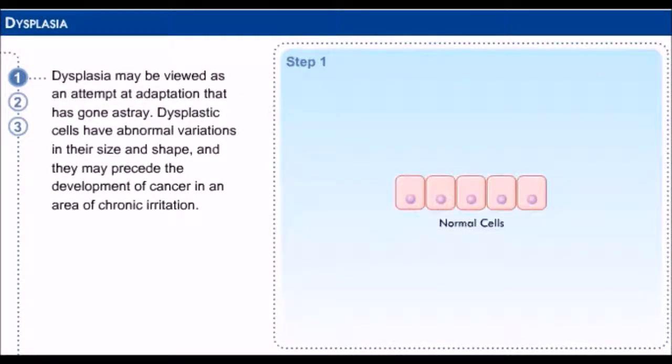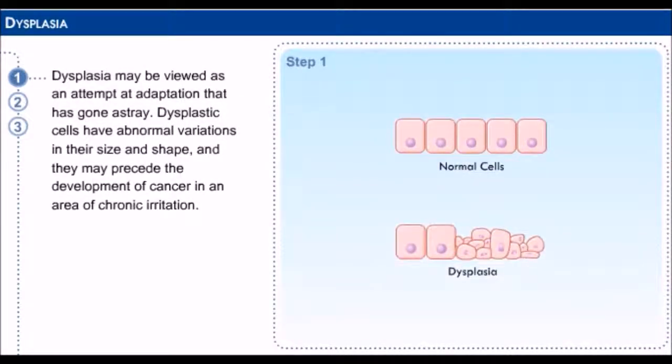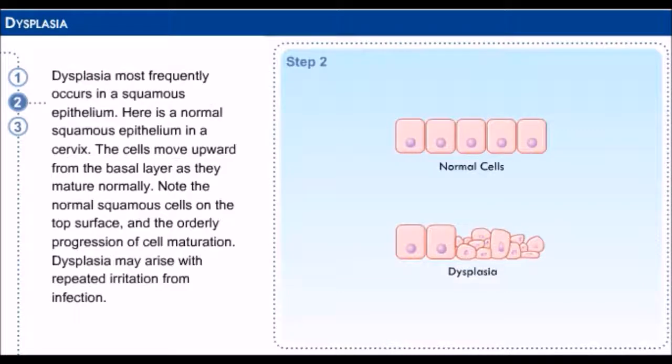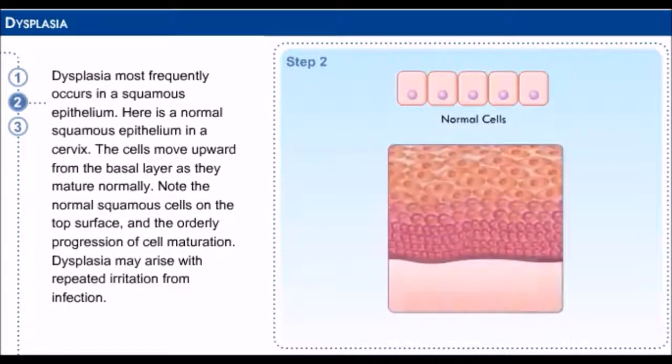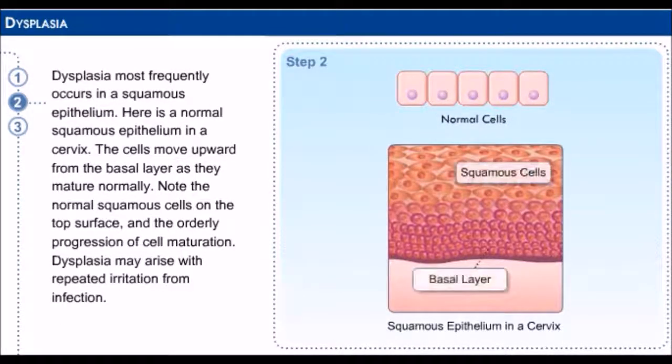Dysplasia may be viewed as an attempt at adaptation that has gone astray. Dysplastic cells have abnormal variations in their size and shape, and they may precede the development of cancer in an area of chronic irritation. Dysplasia most frequently occurs in a squamous epithelium. Here is a normal squamous epithelium in a cervix. The cells move upward from the basal layer as they mature normally.